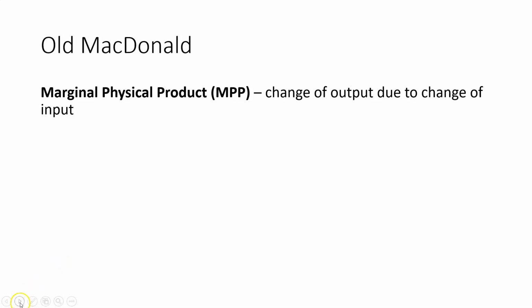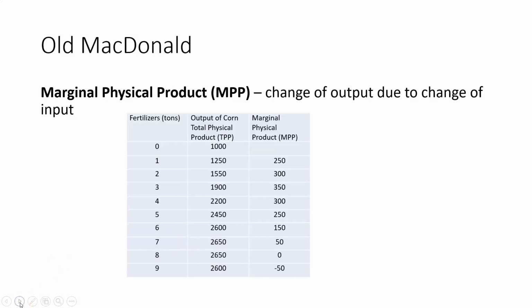So, how does that work? Well, here's an addition to the chart we just looked at. We notice that if there's no fertilizer, we get 1,000 bushels of corn. If we add 1 ton of fertilizer, that gives us a total output of 1,250 bushels of corn. That 1 ton by itself gave us a marginal physical product of 250 bushels.